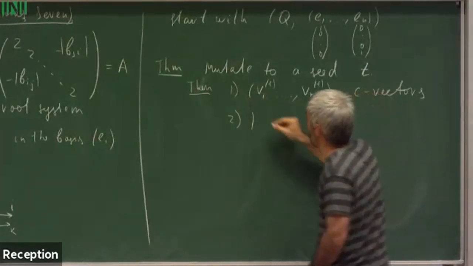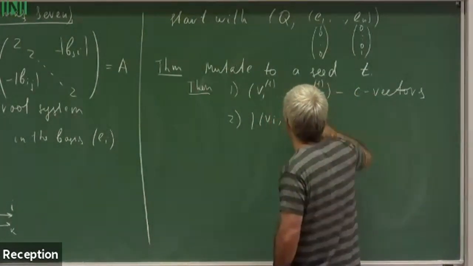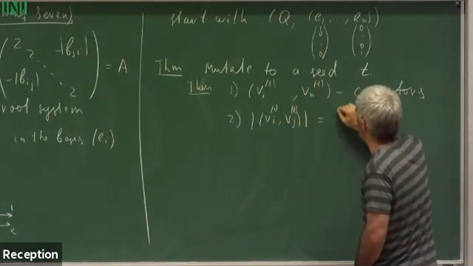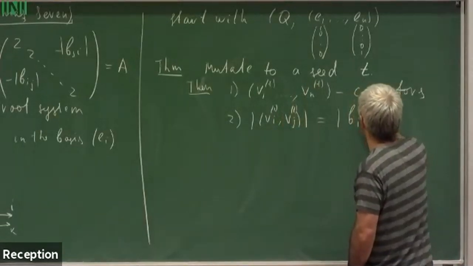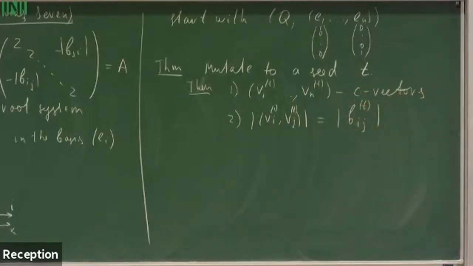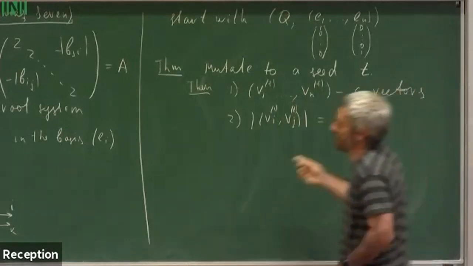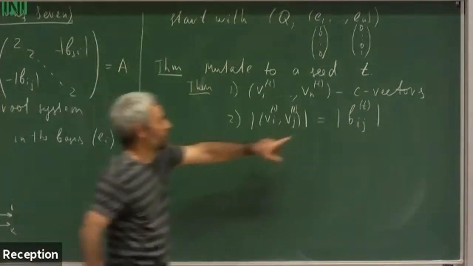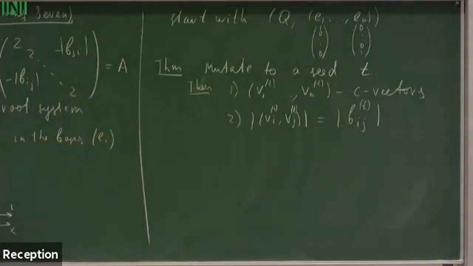The absolute value of the inner product of Vi and Vj in T is equal to the modulus of Bij. So first, this rule is precisely the rule of how C-vectors change. And the second observation is that these C-vectors tell us how the top part of the change matrix looks.